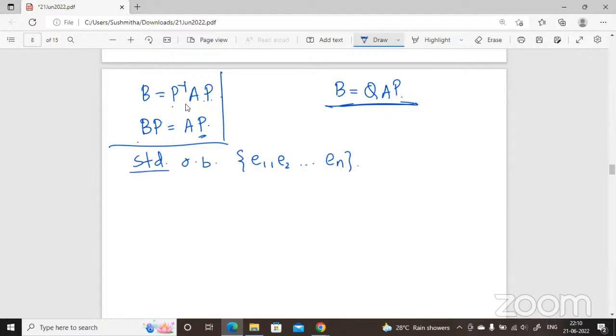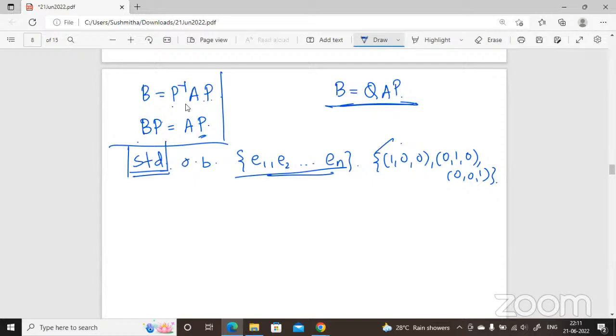This is the only standard ordered basis. Every other basis is just an ordered basis. If the term standard is mentioned, it is only this.